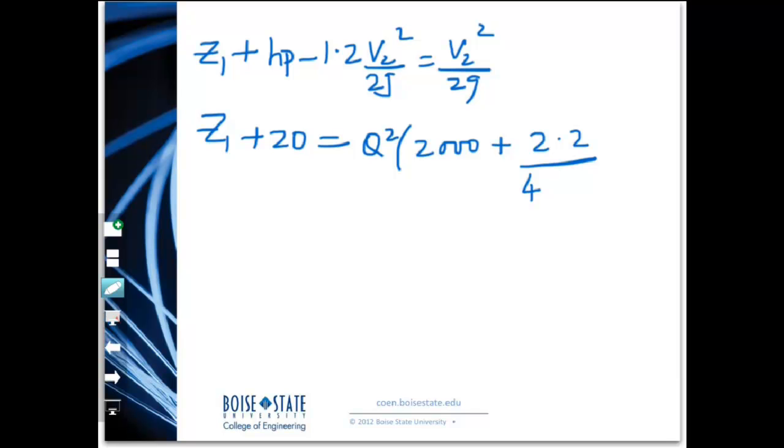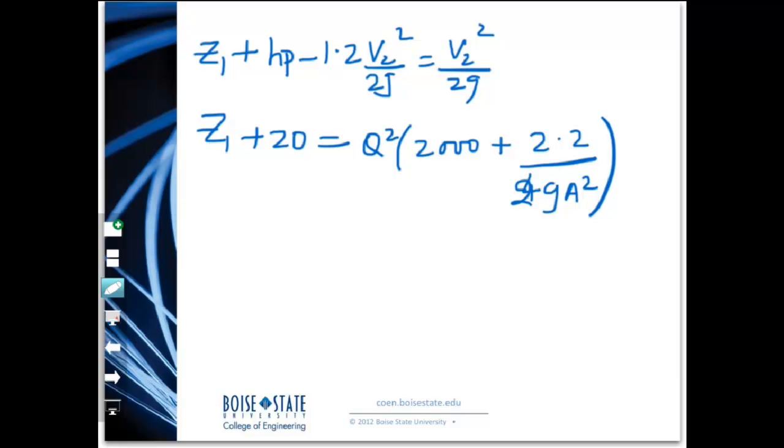So 4 over 2 times g times pi square A square. Okay, so that's what I end up with here.